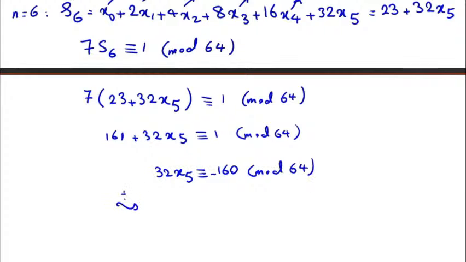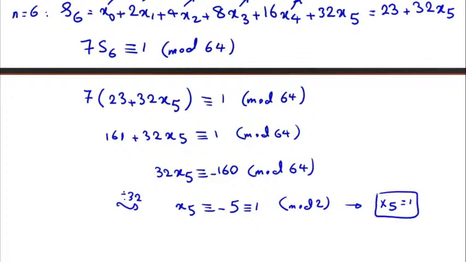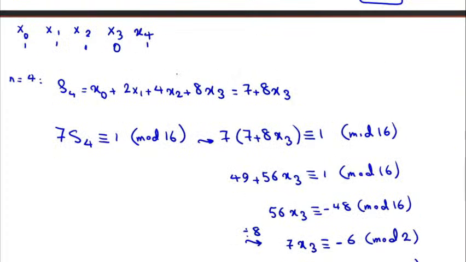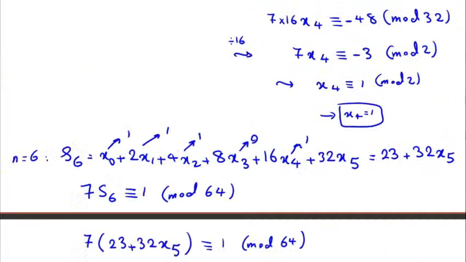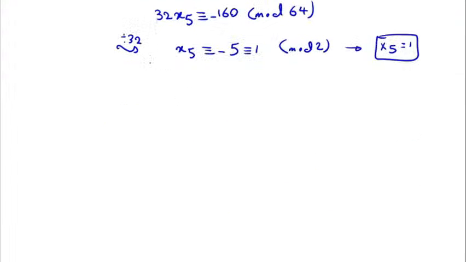And if we divide both sides by 32, x5 is congruent to negative 5 mod 2. And it is also 1, so x5 is 0 or 1, so x5 has to be 1. So we've solved x5 is 1. Let's check one more case, x6, and then try to generalize this.